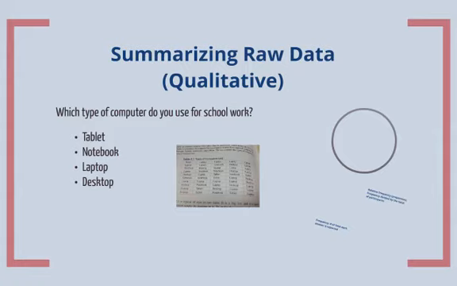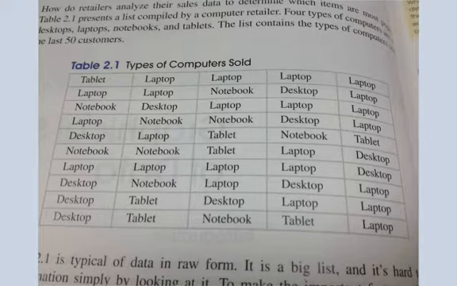The difference between a notebook and a laptop is that the notebook is smaller. Or do you use a desktop? Okay, so I asked this question 50 times, and these are the answers that I got from my 50 participants. Each participant actually chose one category or one answer. So it's really hard by looking at this table to know which answer comes up the most frequently.